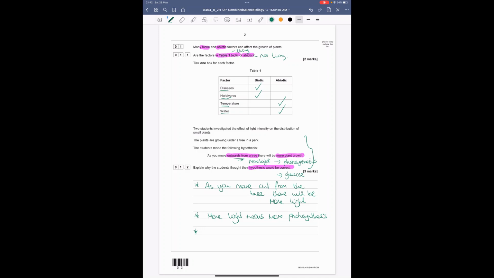As you have more photosynthesis, you'll have more sugar and more glucose produced, which can also be used and converted to protein to increase plant growth. So therefore, more sunlight, more plant growth, and that's why they thought their hypothesis would be correct.